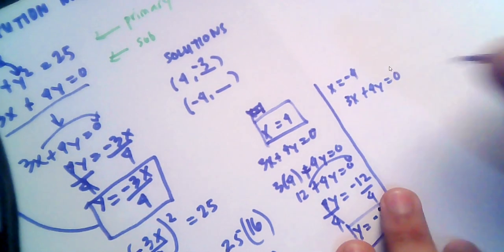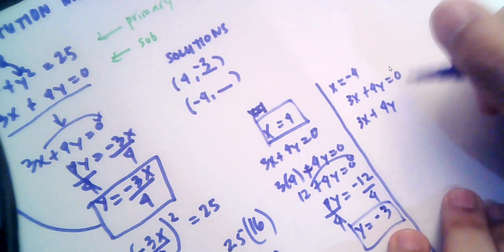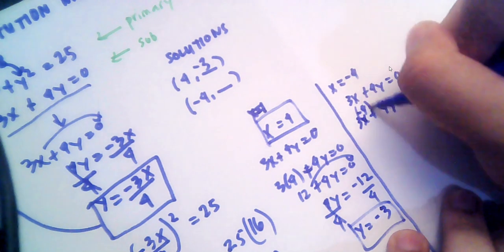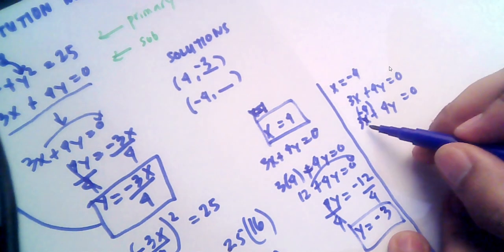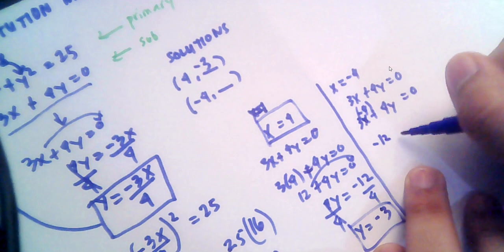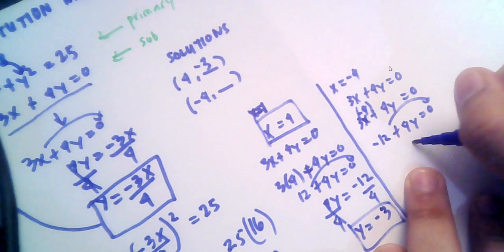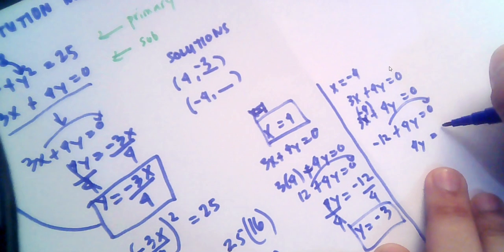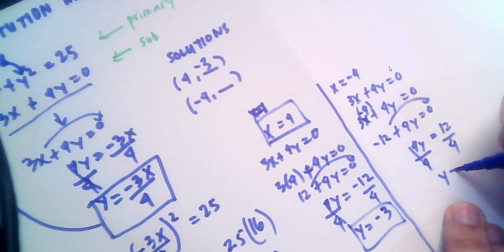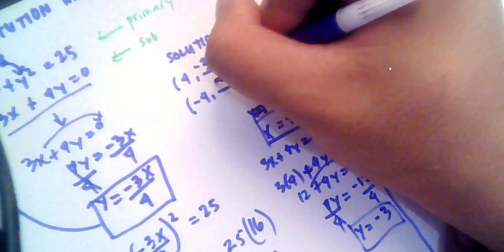How about the last one? 3x plus 4y equals 0, so x is negative 4. 3 times negative 4 is negative 12, plus 4y is equal to 0. Transpose, that is 4y is equal to 12. 4 cancels 4, y is equal to 3, positive 3 this time.